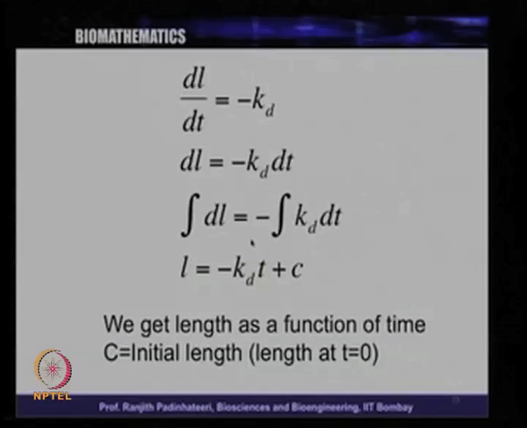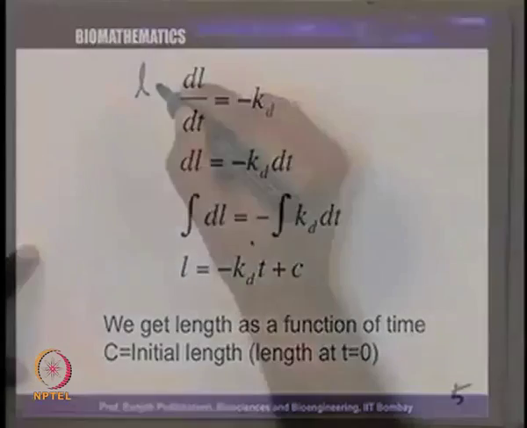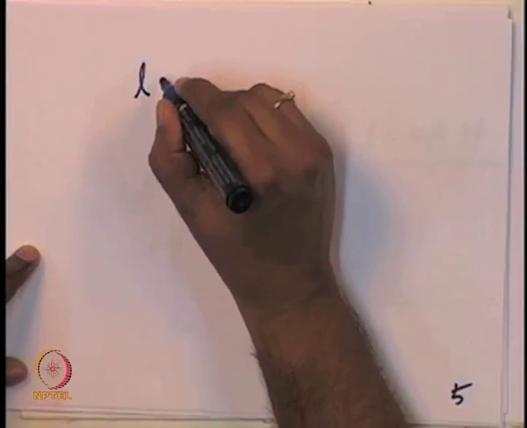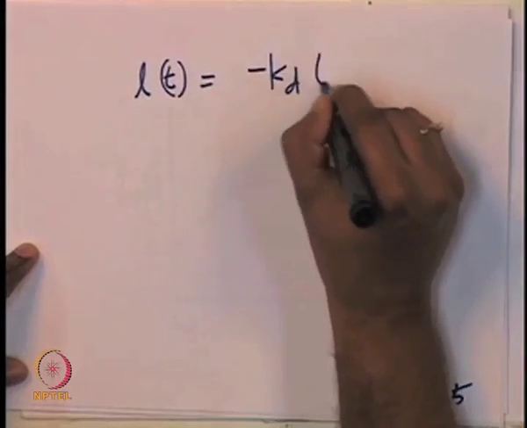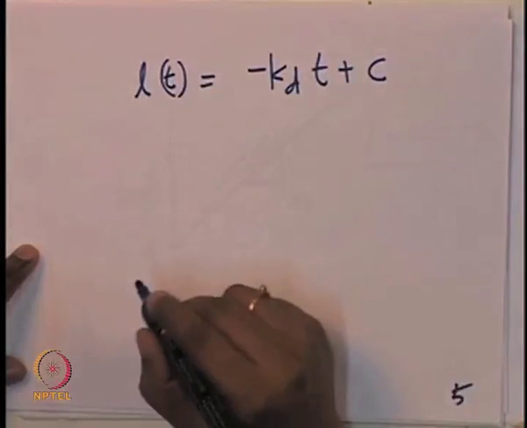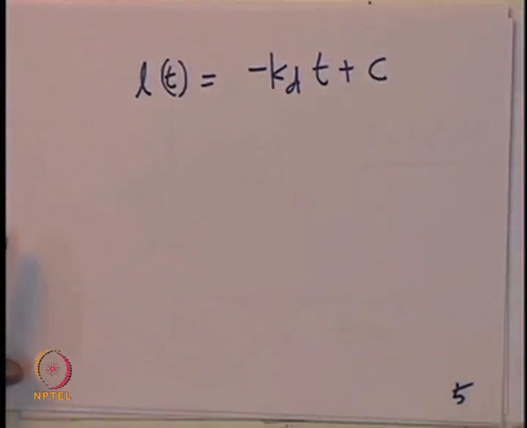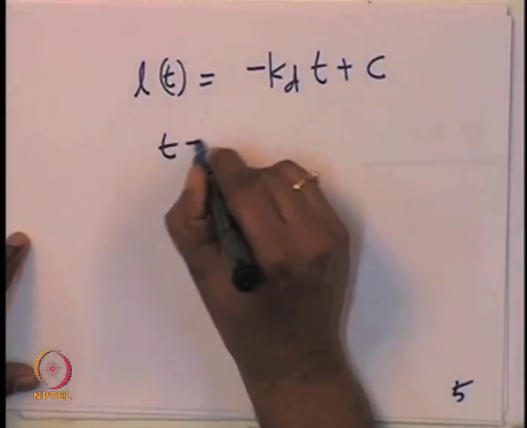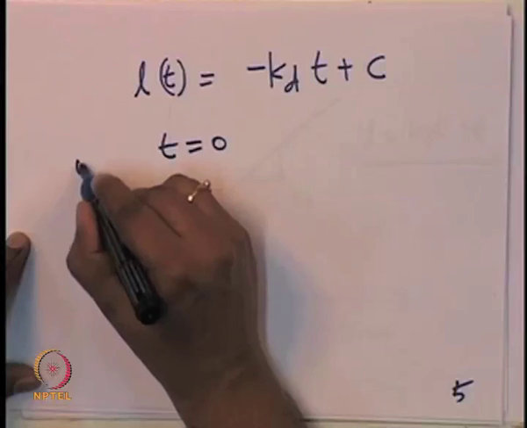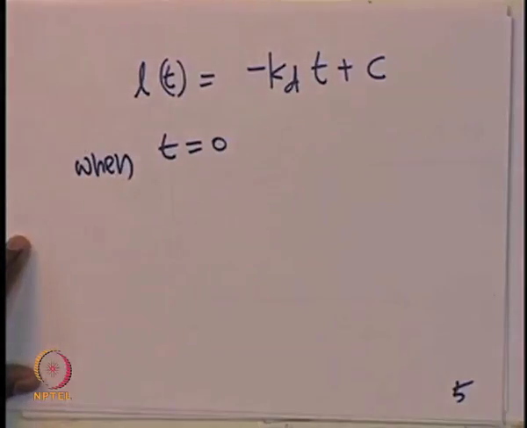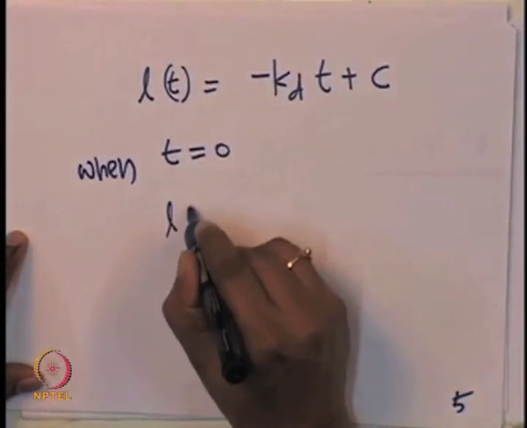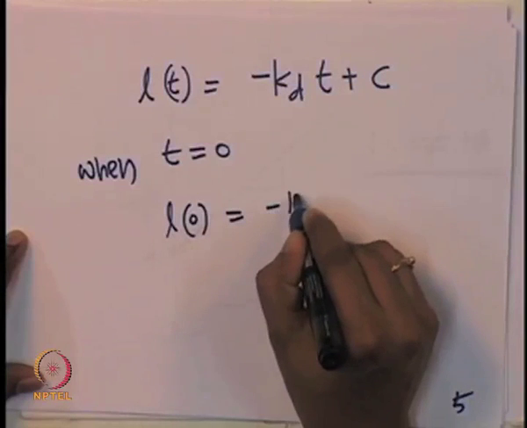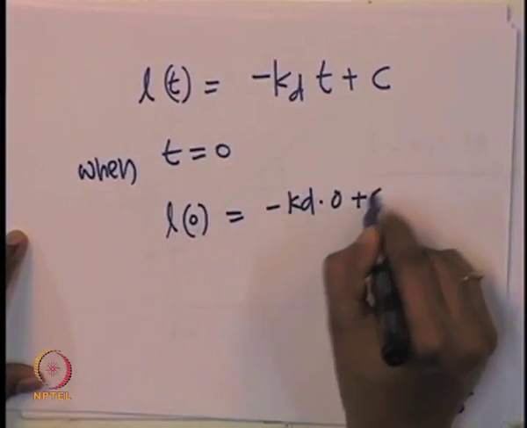Let us look at this here. We have L as a function of time, which is minus Kd t plus c. Just like in the previous case, when t is equal to 0, we have L of 0 equal to minus Kd into 0 plus c.